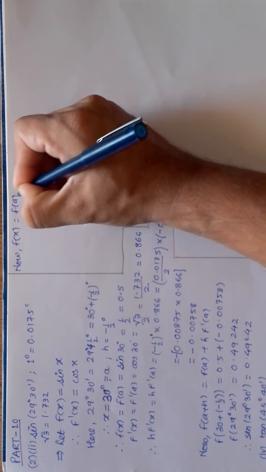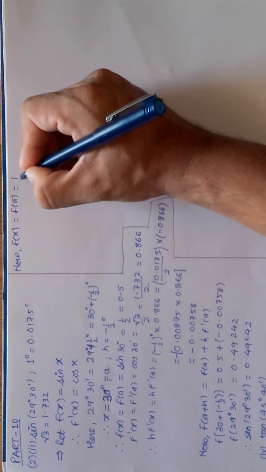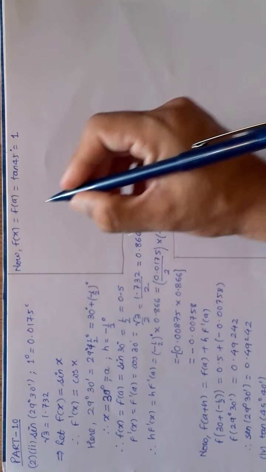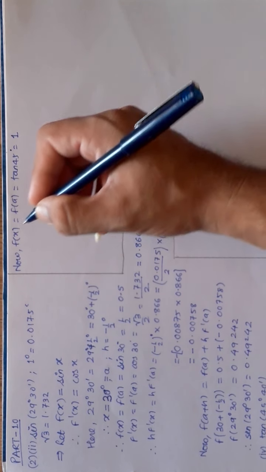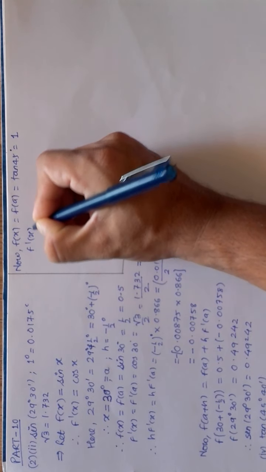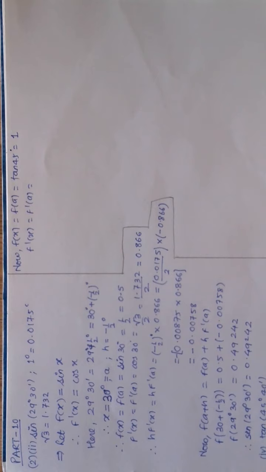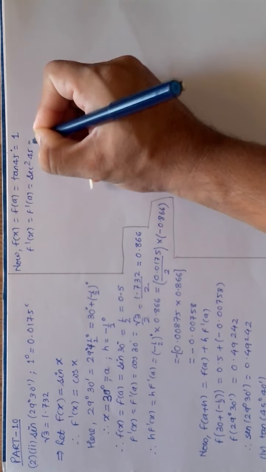Now moving further, your function of x will be found out, which is nothing but function of a, and function of a is 45 degree, that is tan 45, equal to 1. Then you have f dash also. So f dash x is f dash a, that is derivative we got as sec square x, that is sec square 45.